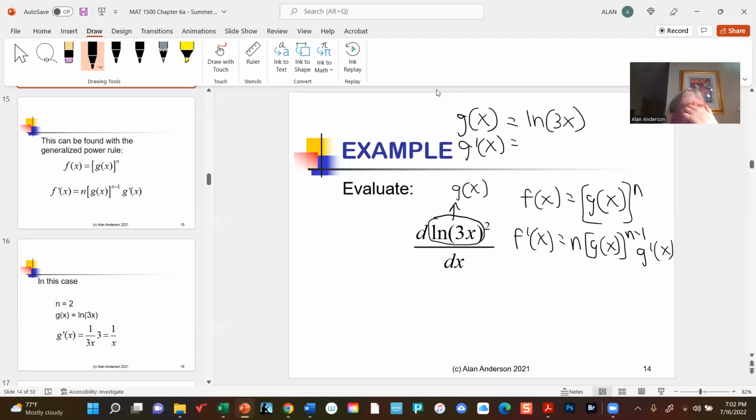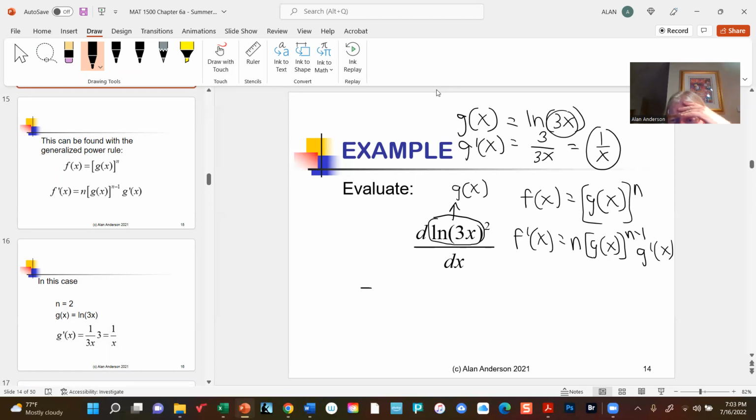Now, the 3 is just a constant. What you're going to end up needing here is 3x in the denominator. The numerator will be the derivative of this expression, which is 3. And so it'll end up, interestingly enough, with just 1 over x.